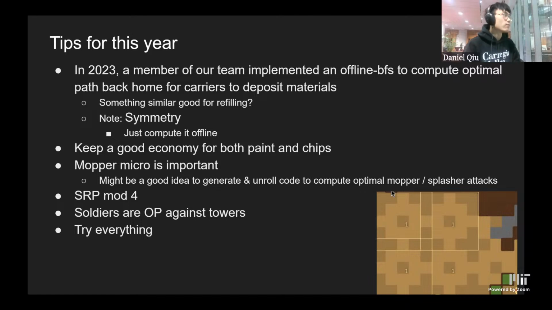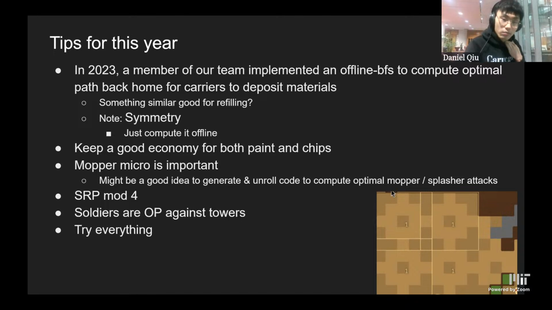By offline BFS, I mean whenever you have extra bytecode, you can use it to calculate the BFS, and you store what you've calculated so far, because you can't calculate the BFS all in one turn. You just don't have enough bytecode for it. So whenever you have bytecode left, you can use that to calculate BFS.